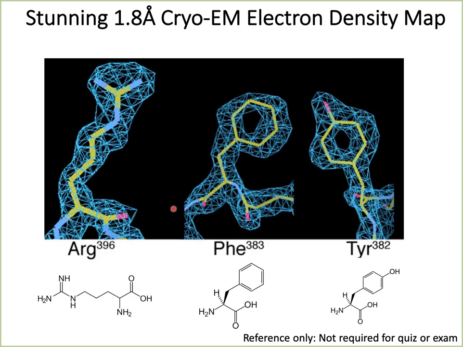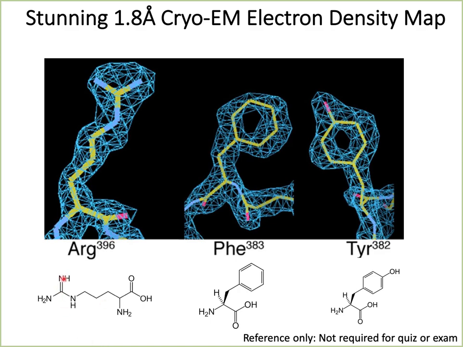You can appreciate right here, and this is not required for your quiz exam, a stunning 1.8 angstrom resolution cryo-electron density map. When you look at these images, you can have an electron density map. Here, if you put in an arginine, this is the molecule.